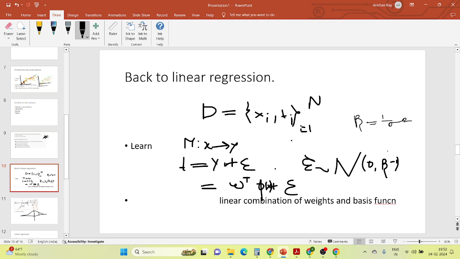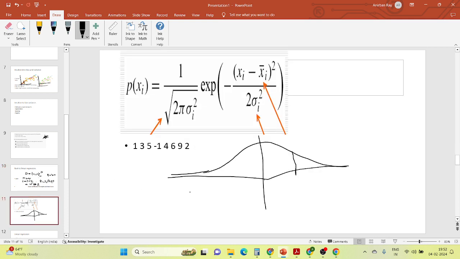So instead of writing in terms of sigma, I am writing in terms of beta. So beta inverse is sigma square.